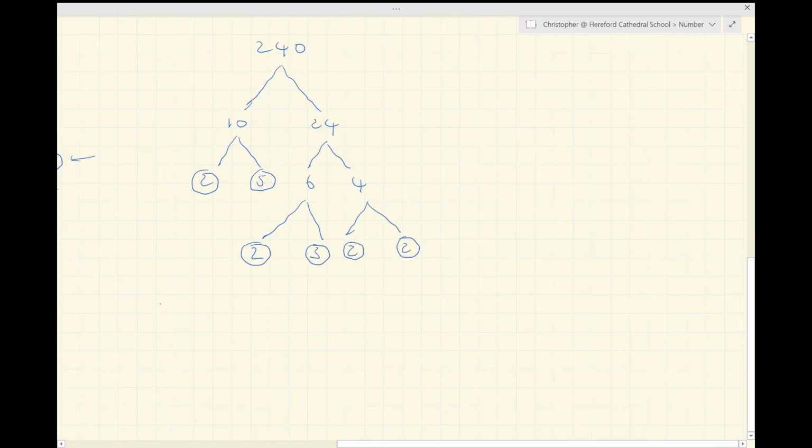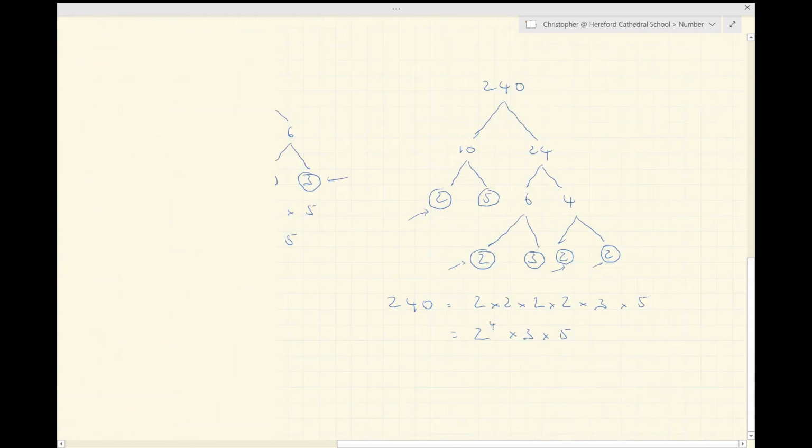So that means that 240 can be written as 2 times 2 times 2 times 2 times 3 times 5. And that can be written as 2 to the power of 4 times 3 times 5.